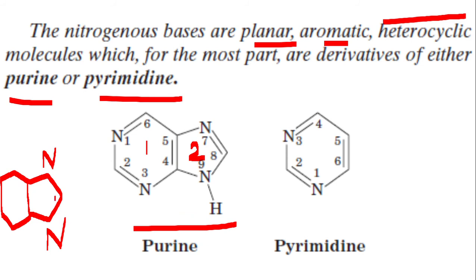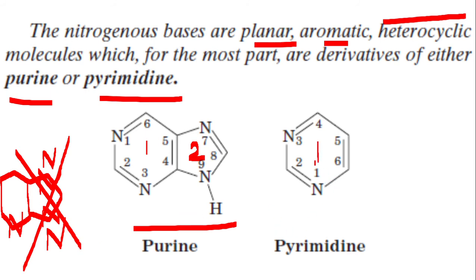Why? Because this nitrogen is supposed to be a part of the ring. The same is applicable to this nitrogen also. So if you draw the nitrogen atoms outside the ring, if I am evaluating the paper, your mark will be 0. Got it?